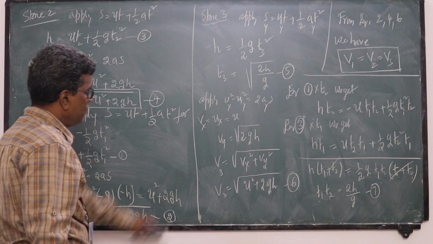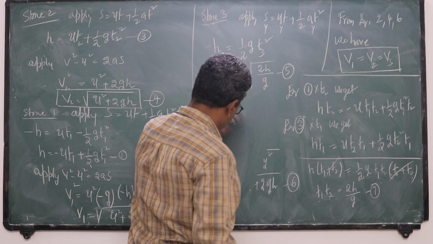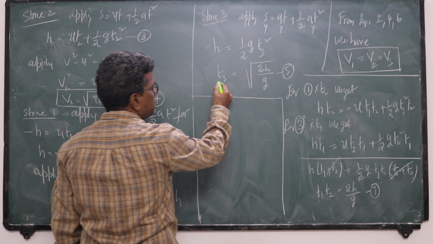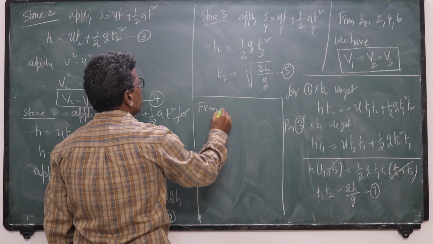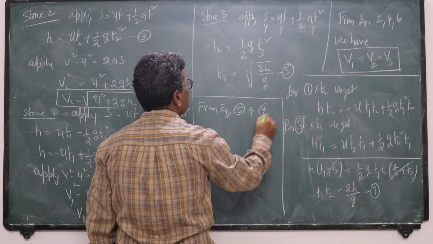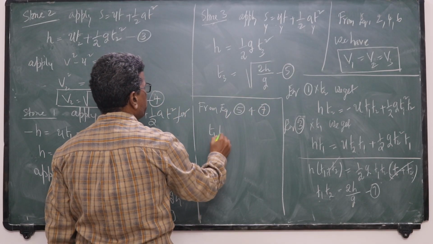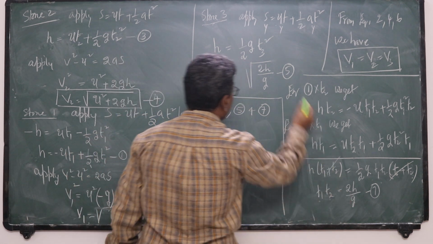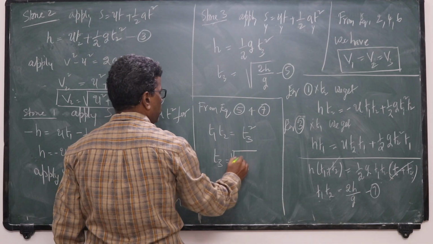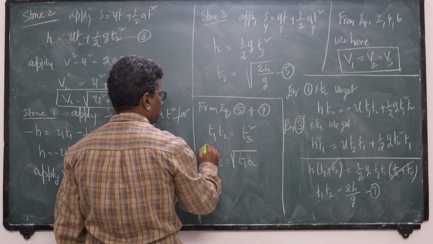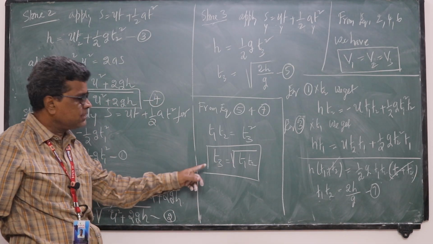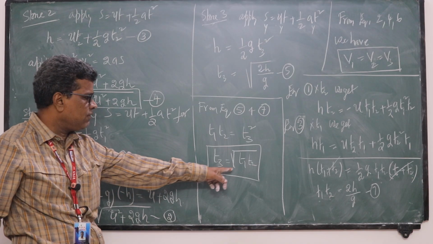So from equations 5 and 7, we have T1 T2 is equal to, this can be written as T3 square. So T3 is equal to square root of T1 T2. So this is the relation between T1, T2 and T3. So what is the conclusion? T3 is equal to square root of T1 T2.